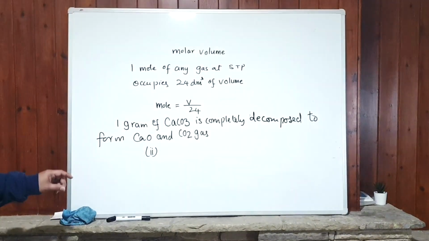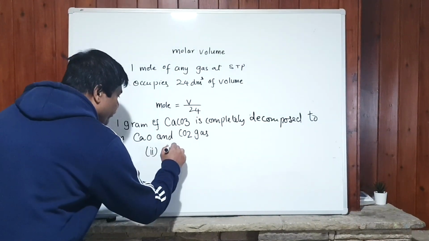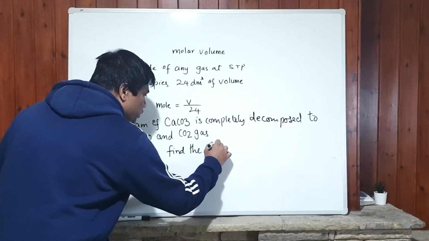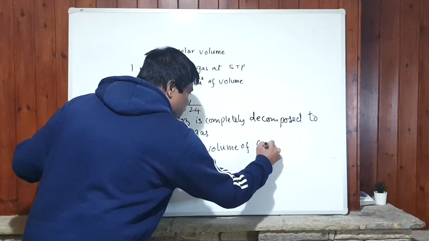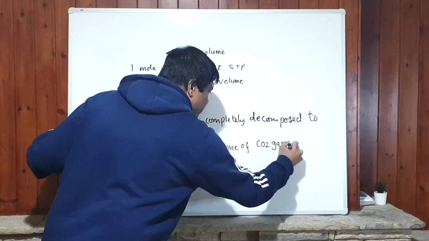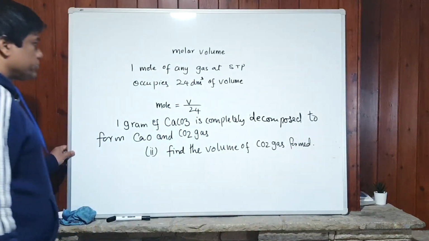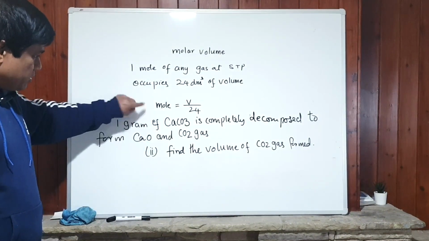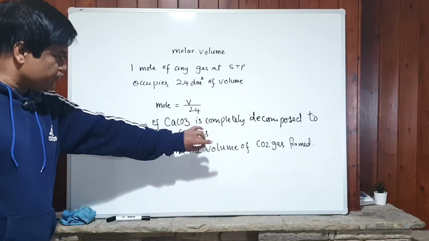Now find the volume of carbon dioxide gas formed, or liberated. We can use this formula to work out the volume of the carbon dioxide gas formed.